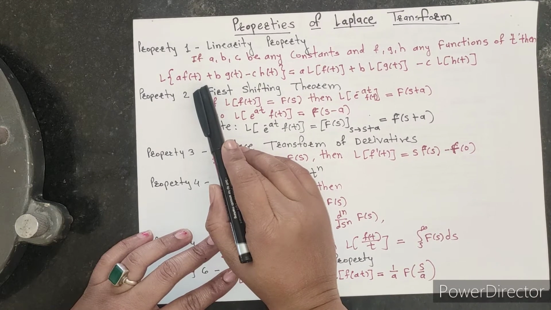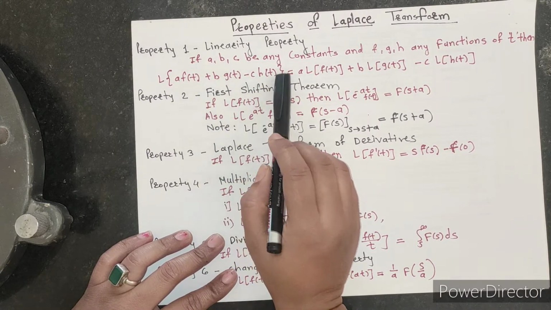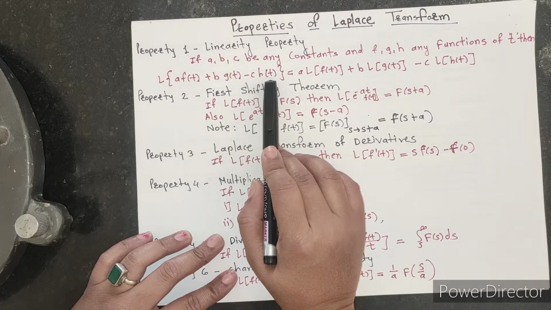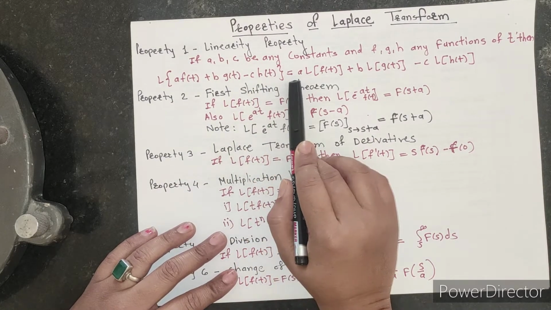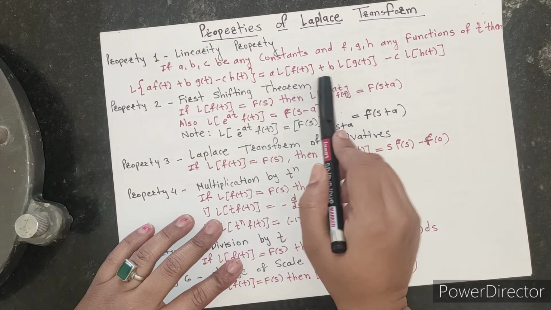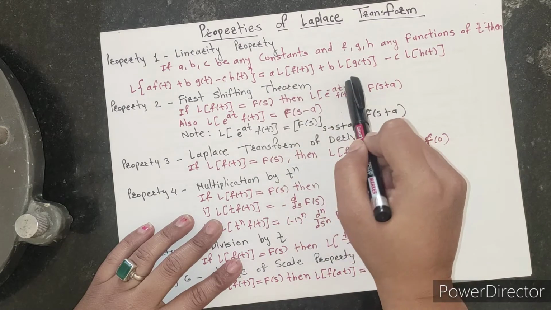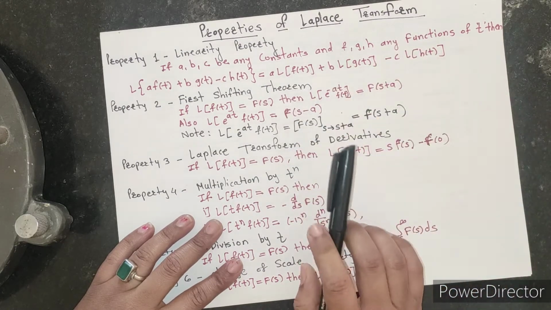That means if we want to find Laplace transform of addition of some functions, then it is equal to the addition of their separate Laplace transforms.